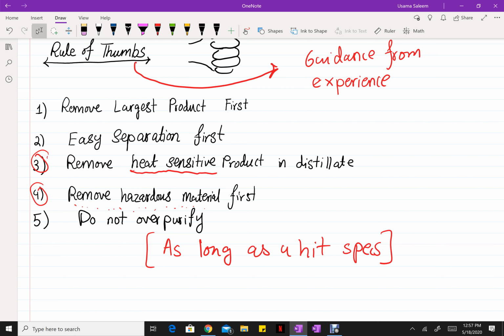The consumer doesn't care if he gets a 99.9% product when he only asked for 98% product. So keep those things in mind.